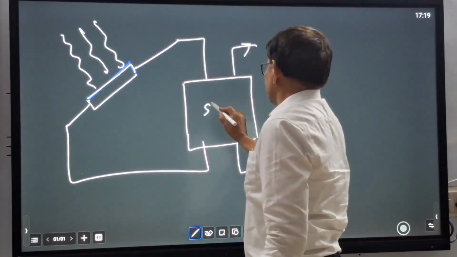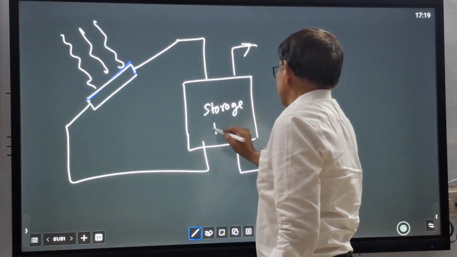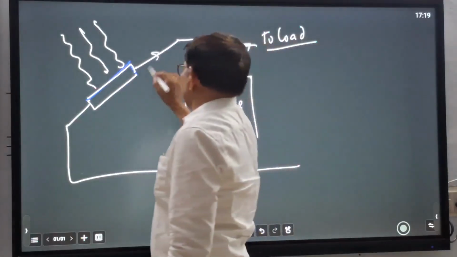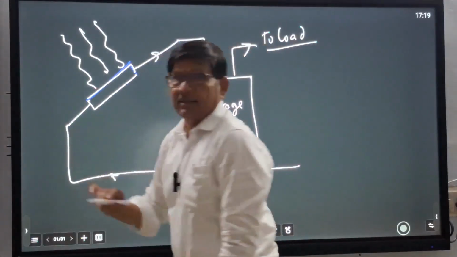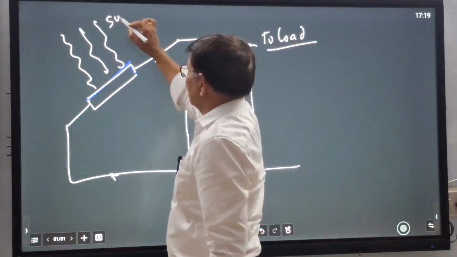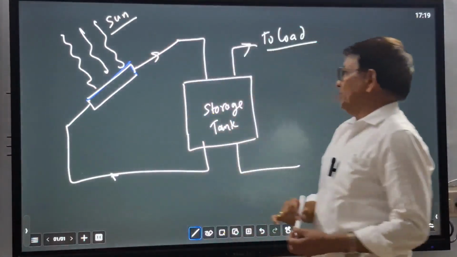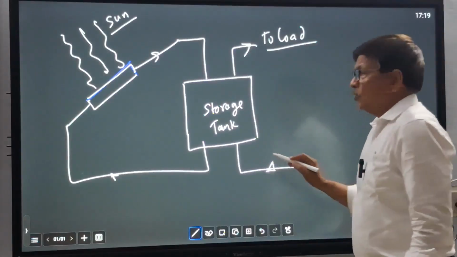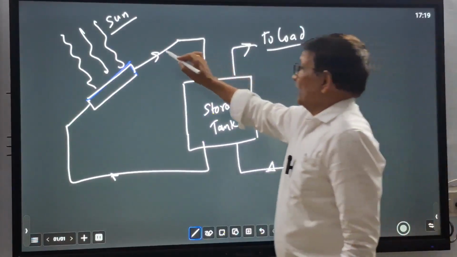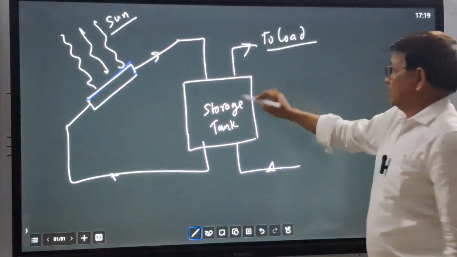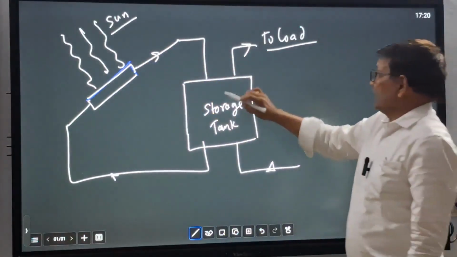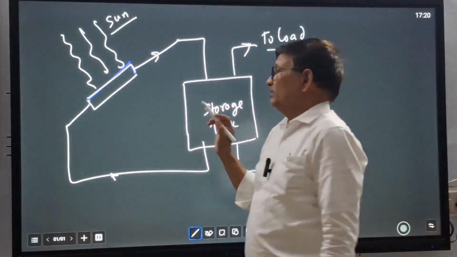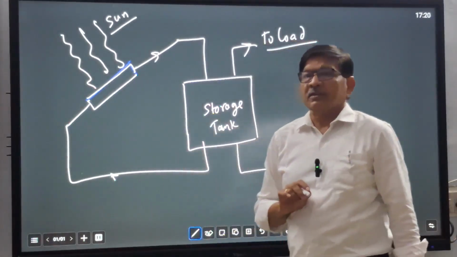This is the storage tank and the load for application purposes. This is one circuit. Here we are getting solar energy from the sun's radiation. Here we can see we are storing it and we are also using it. So two fluids are there, one is a carrier fluid and one is another. Here is a heat exchanger, so heat will be taken away to the load. So this is one kind of description of the solar energy system.